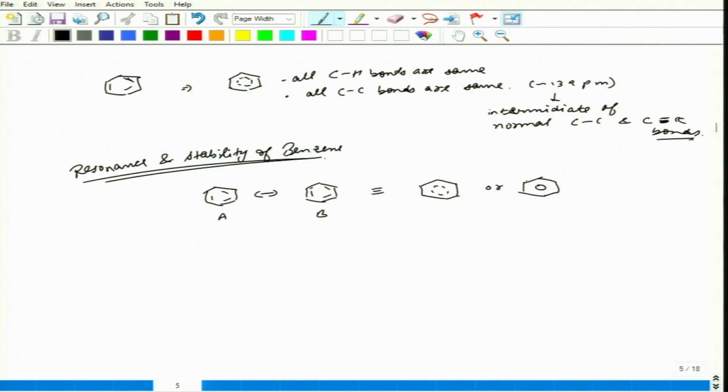Let us take one of the canonical forms, for example, B. In the canonical form, all the 6 carbon atoms are sp2 hybridized.